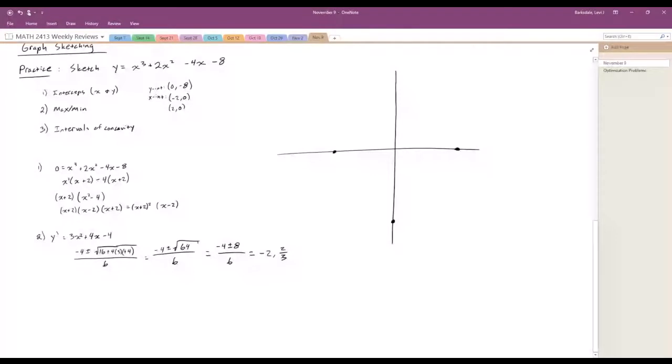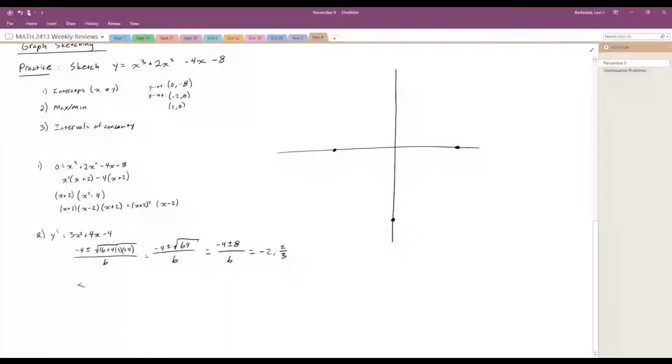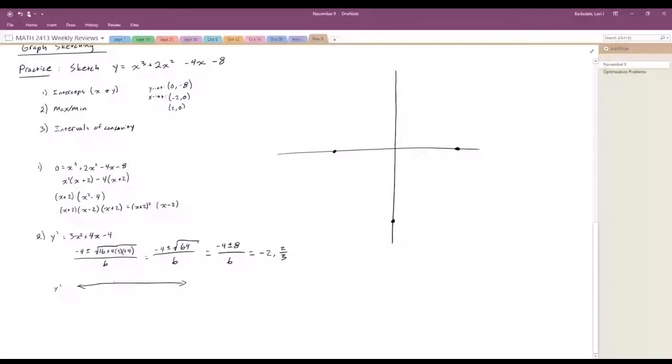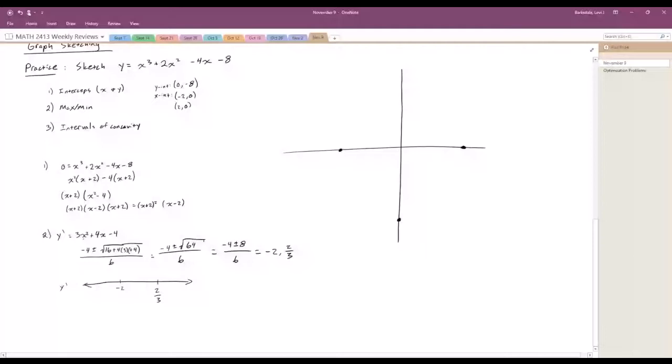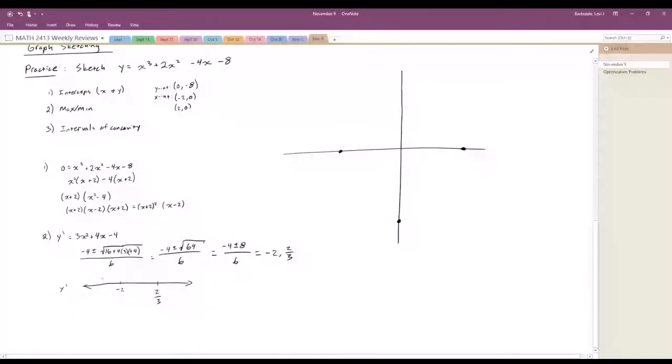I could decide whether they're a maximum or a minimum by placing them on a number line and seeing whether my derivative is positive or negative. So for values smaller than negative 2, I can plug in, let's say, negative 10. I would get 3 times negative 10 squared gives me positive, and that's just simply going to outweigh any of my other terms, because this would give me positive 300 minus 40 minus 4, which is clearly positive.